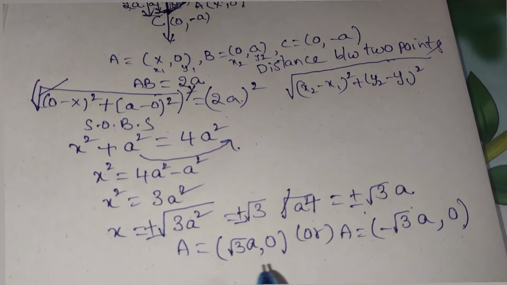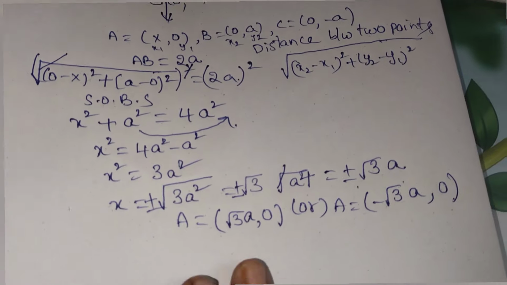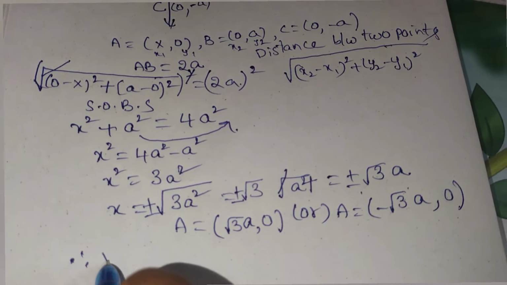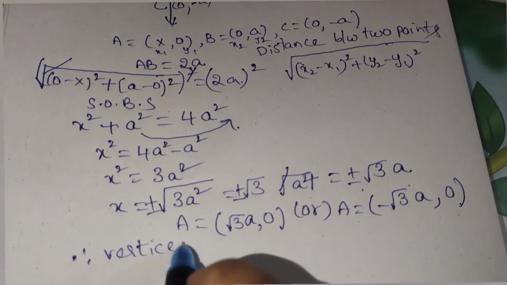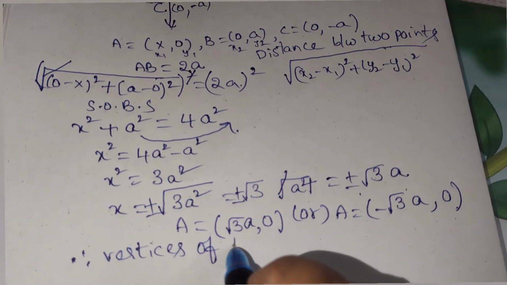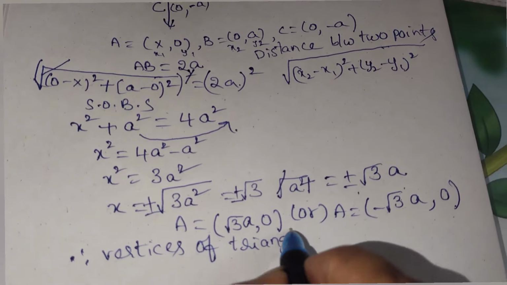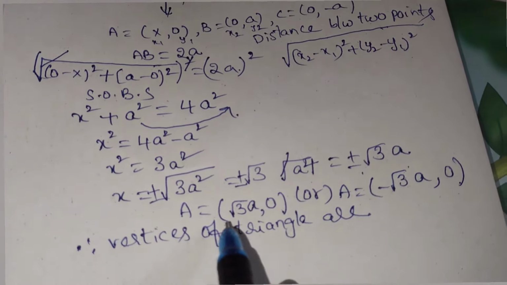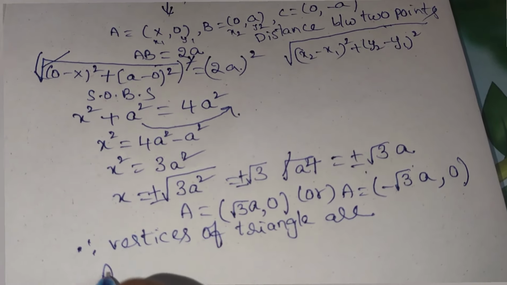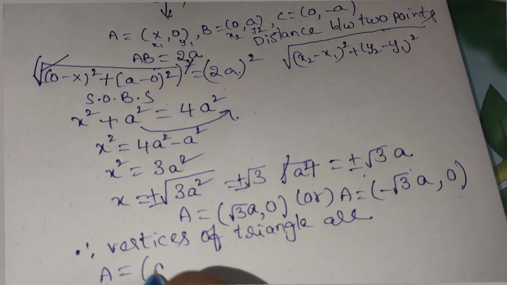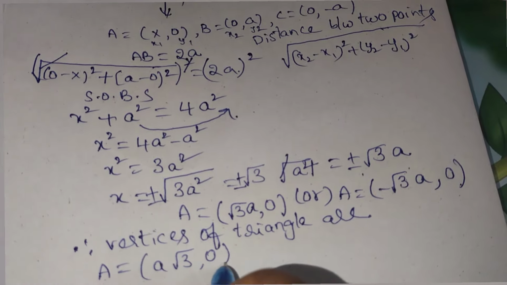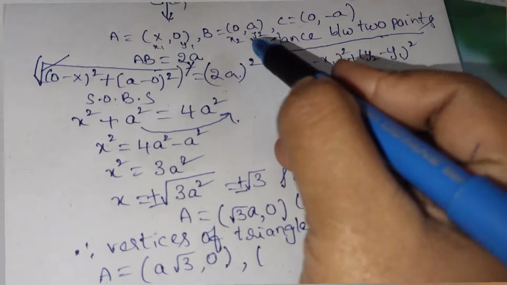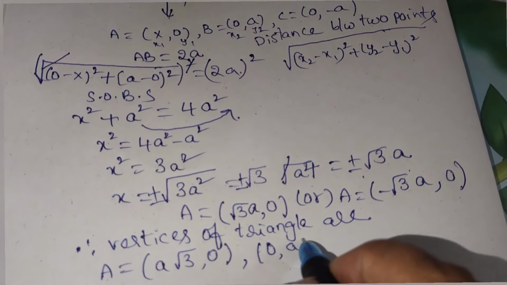So we get two cases. Therefore, the required vertices of the triangle are: when it is positive, A is equal to (a root 3, 0), and what is B we consider here? 0 comma a.